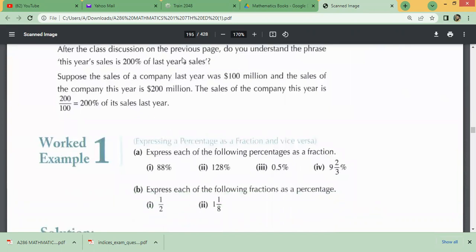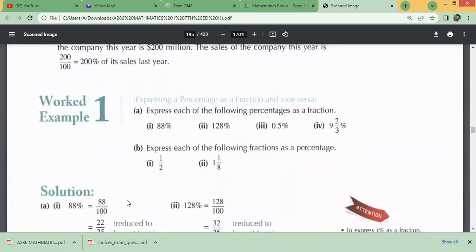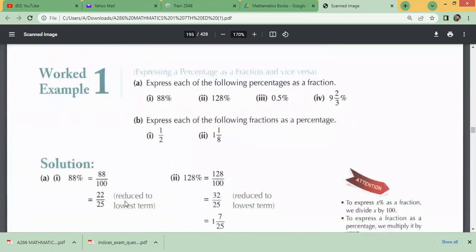For example, in this word example, the question is: express each of the following percentages as a fraction. So 88% we have to represent as a fraction. It is 88 upon 100. We can simplify, reduce to lowest terms, so it is 22 upon 25.